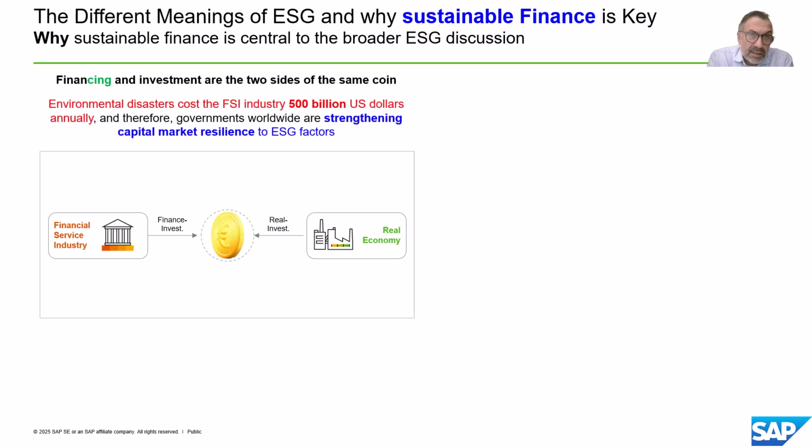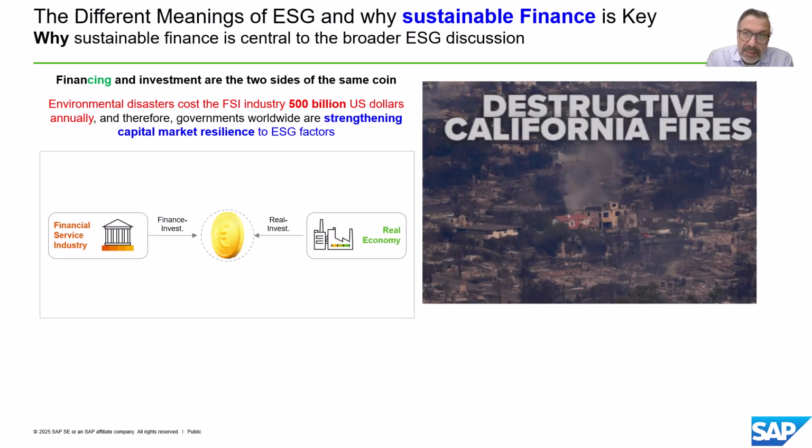And sustainable finance is so important because environmental disasters cost the FSI industry more than $500 billion annually, and therefore governments worldwide are strengthening capital markets resilience to ESG factors. The picture here shows what we can observe at present in the US, in Los Angeles.